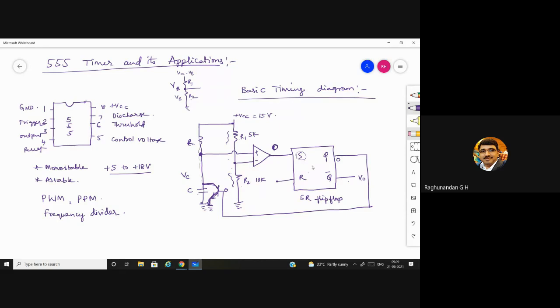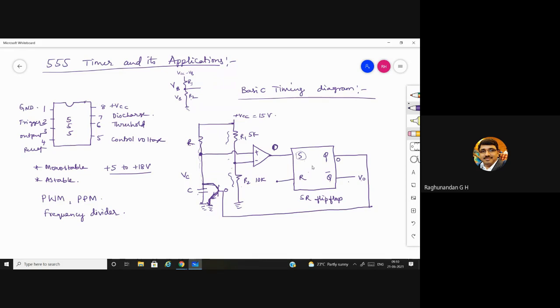This capacitor keeps on charging, and a time comes where the voltage across this point will be maximum compared to the inverting terminal, because the capacitor voltage has reached the peak value of VCC, so that the voltage across the inverting terminal will become the lesser value compared to the voltage across the capacitor.